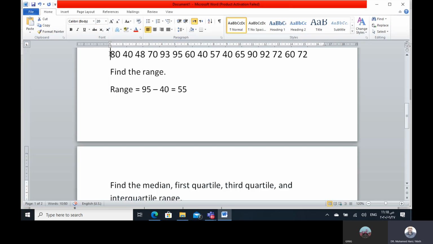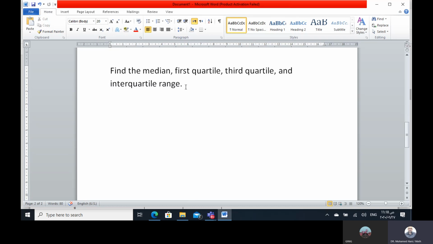The first step, take the data here and try to rearrange the data from small number to the big number. The smallest number here will be 40, and we have it 3 times. 1, 2, 3. So we will write here 40, 40, 40.